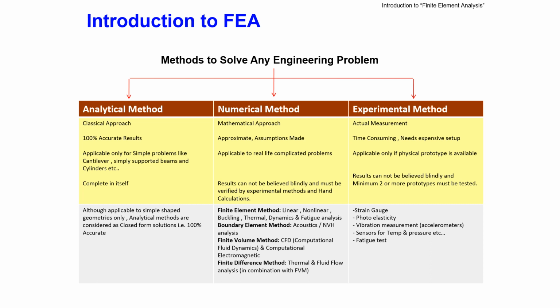And results are more or less believable because we get approximate results that will more or less be accurate also, compared to experimental and analytical methods. It is less time consuming and less costly. So nowadays this is the most popular method used for solving engineering problems.